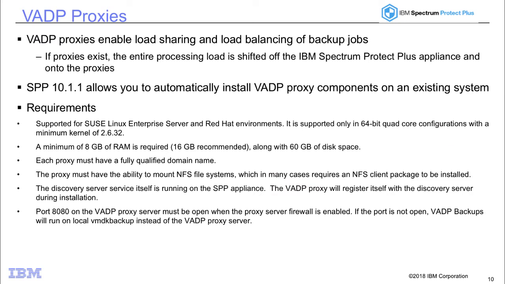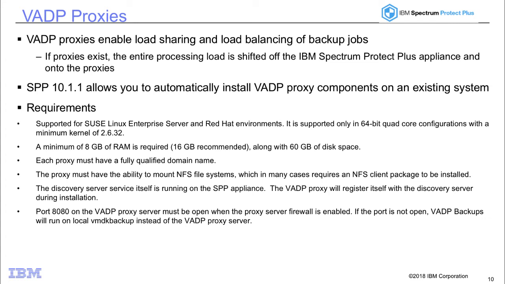So moving on to VADP proxies, as you probably know from version 10.1.0, Spectrum Protect Plus allows you to use VADP proxies to enable load sharing and load balancing of backup jobs. And what those do is allow the processing load to be shifted off of the Spectrum Protect Plus appliance and onto those proxies that you create.